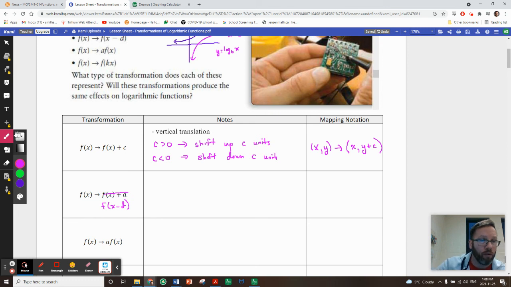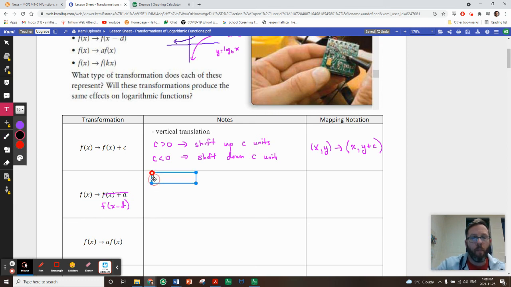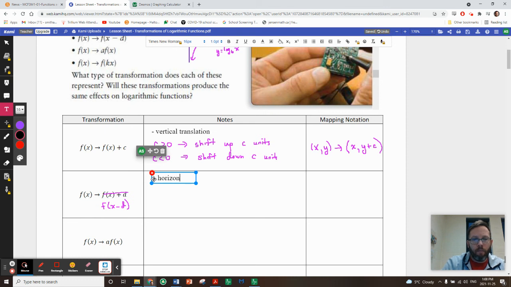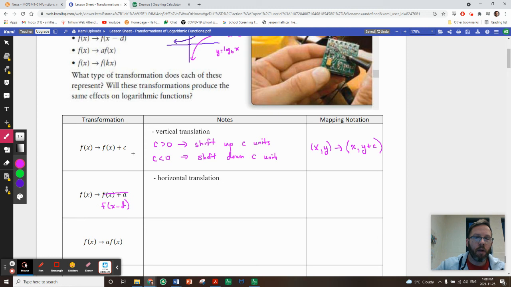This is a horizontal translation. And if d is greater than 0, meaning we're subtracting a positive number, then we shift to the right d units.